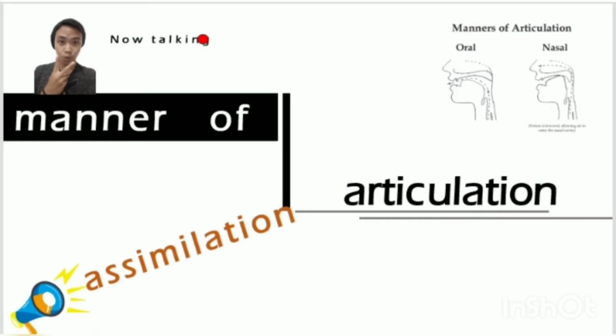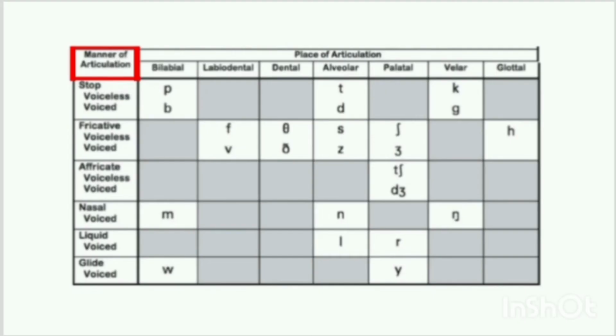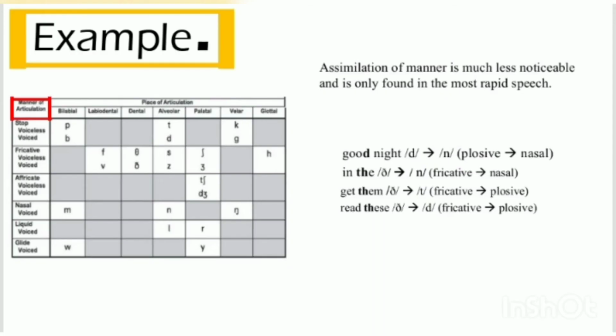Manner of assimilation is divided into progressive and regressive assimilation. Progressive assimilation is when the first word is plosive or nasal and followed by the sound in the next word. It is assimilated as the sound follows the plosive or nasal.